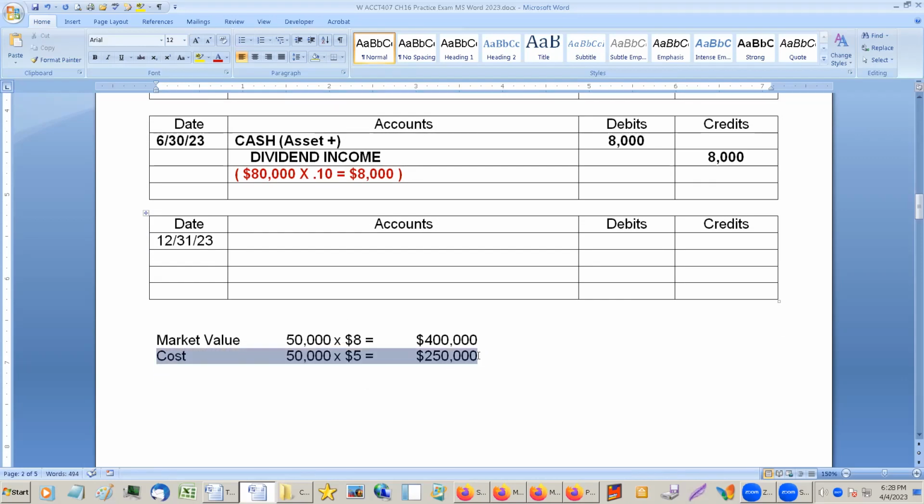And this is it. Realized gain of 150. All right. Okay, so we're going to have an unrealized gain of 150. So yeah, the fair value adjustment.